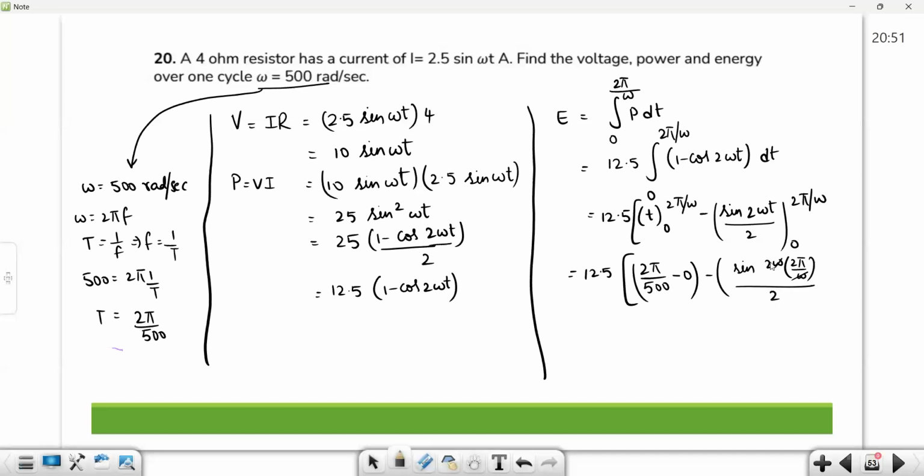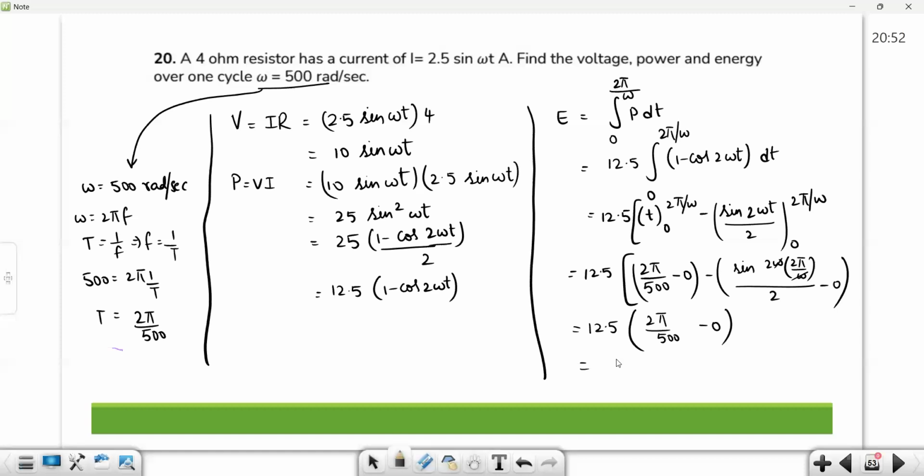It will be sine 4 pi by 2 minus sine 2 omega into t equal to 0. Sine 2 into 0 is 0 only. So finally, what answer will you get? 12.5 into 2 pi by 500. This value, sine 4 pi, is equal to 0. So this will be the final answer.